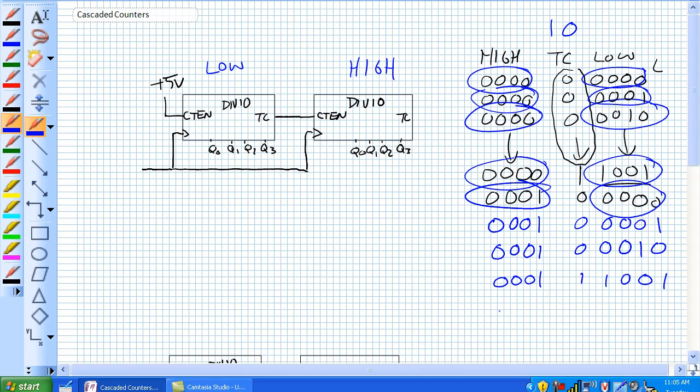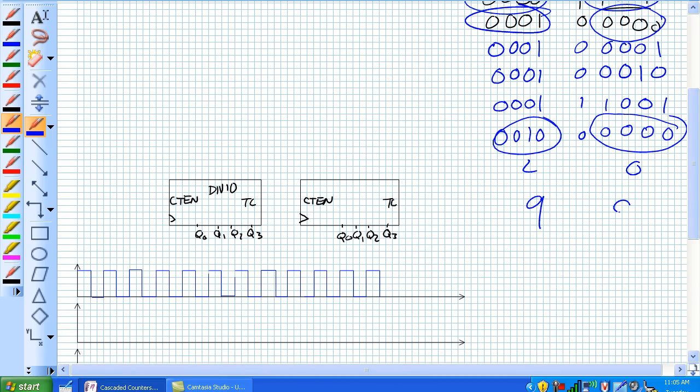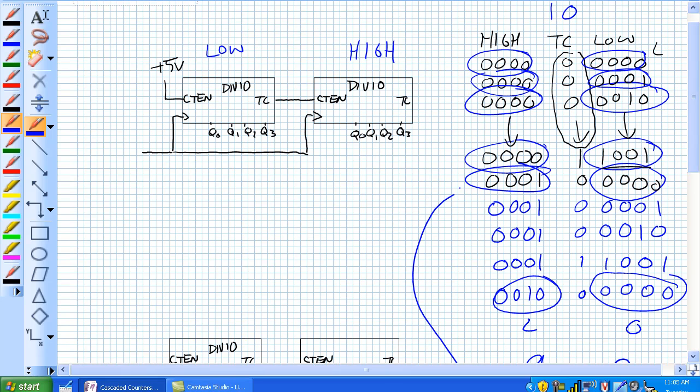The next clock pulse comes along, allows the high order to count to 2, so 2, 0. We're counting higher than 10. On and on till 9, 9, and everybody recycles back to 0, 0. We've just created a 0 to 99 counter.